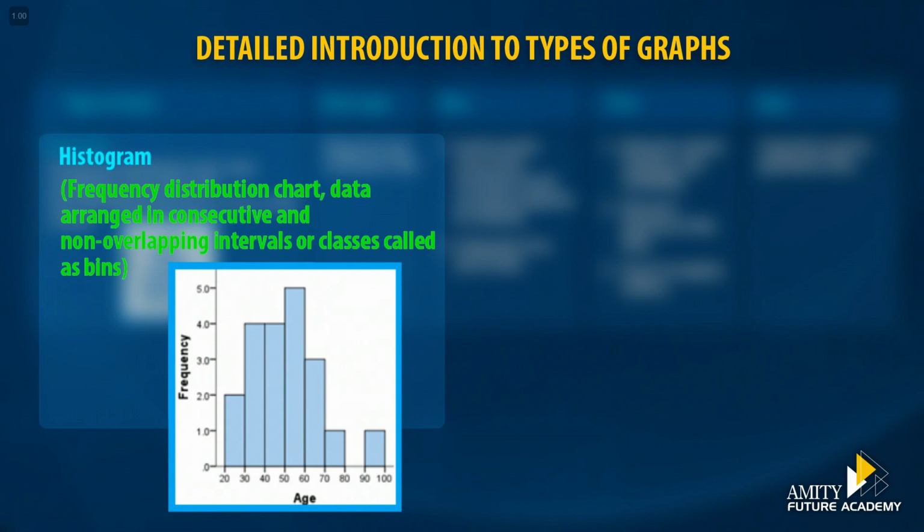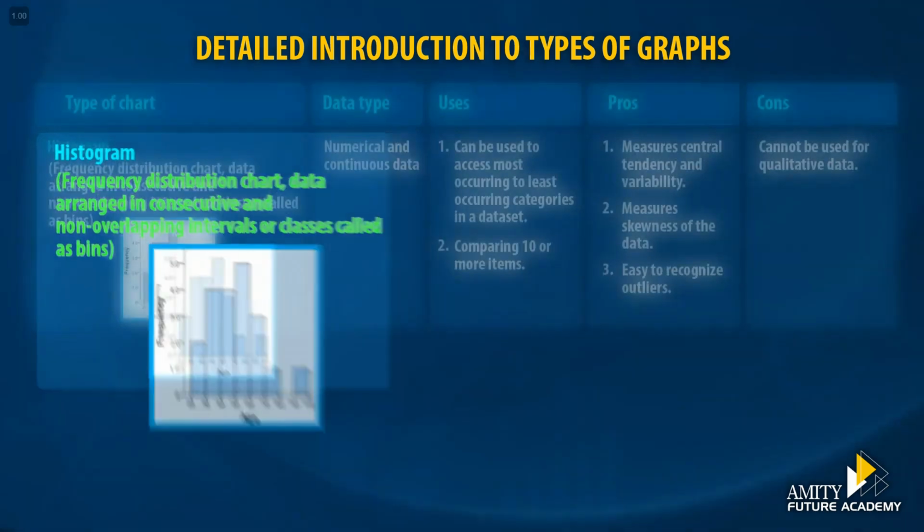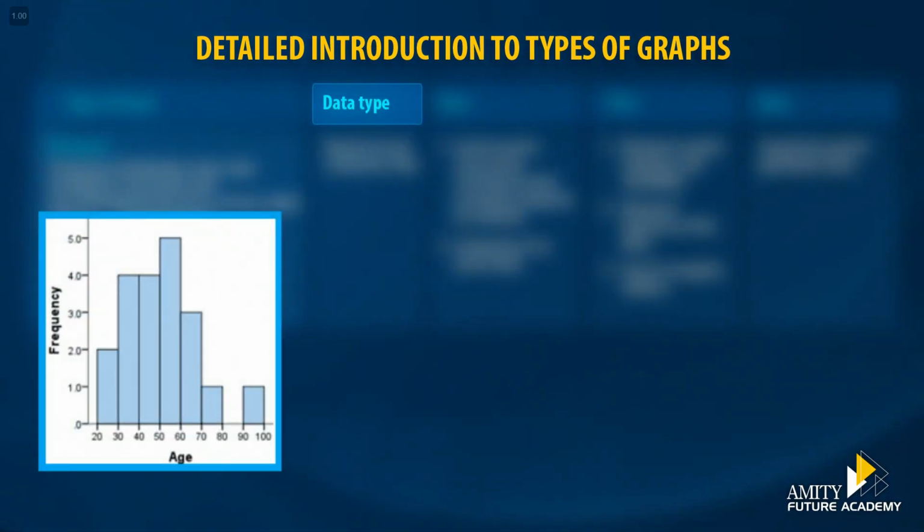In the same way we are also doing it in a histogram. The only difference is that those ranges are called bins or classes. Coming to the data type, it works on numerical and continuous data, because there are various ranges that my data follows.